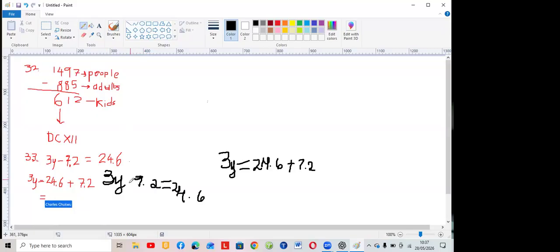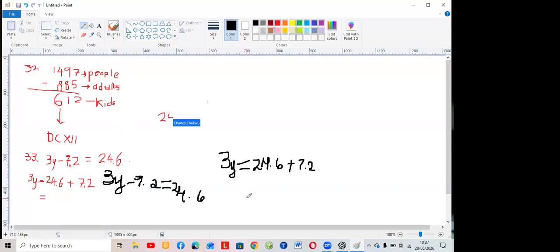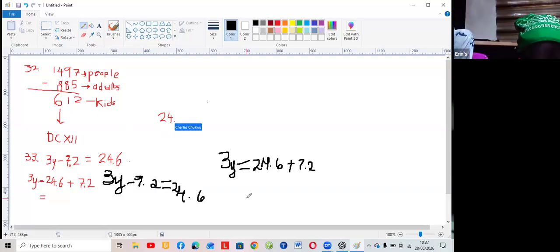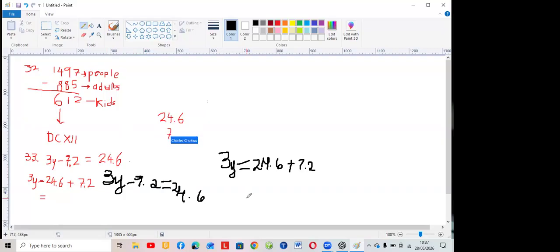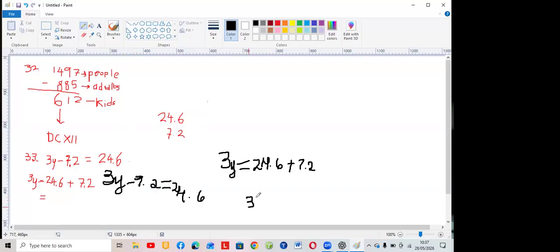Sometimes you can add some things without having to arrange them. So what is the answer? 31.8. Thank you. 31.8. So what are we now going to do to both sides?